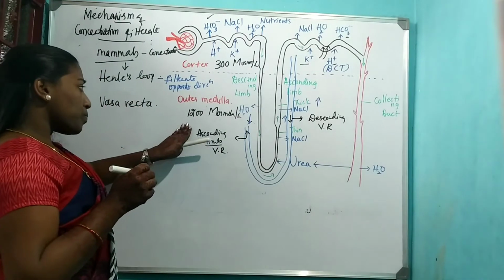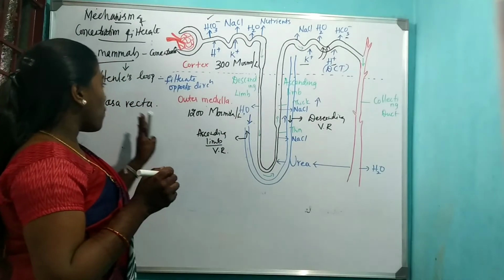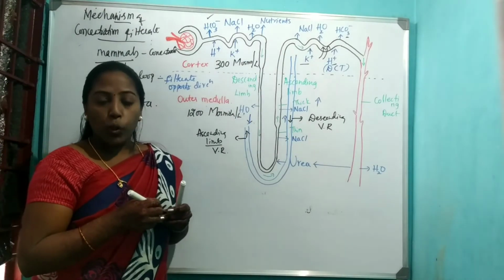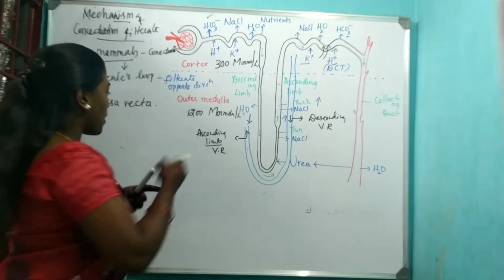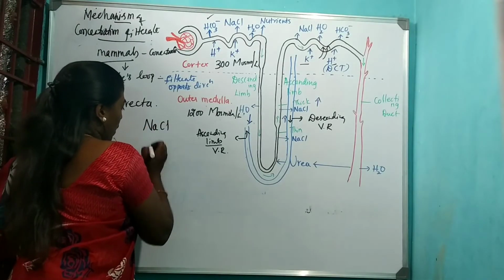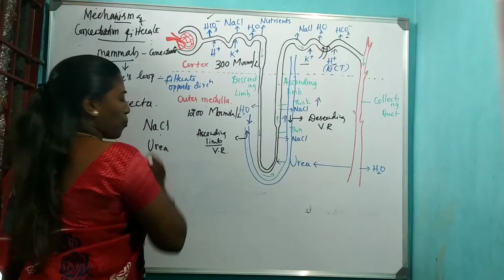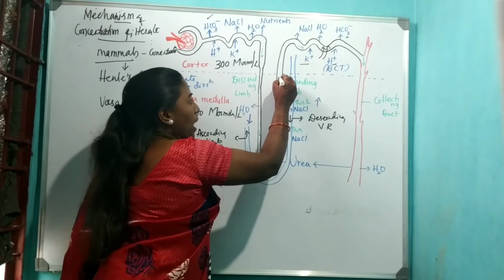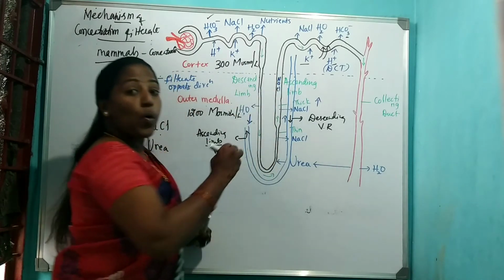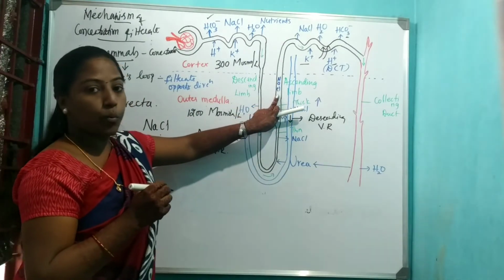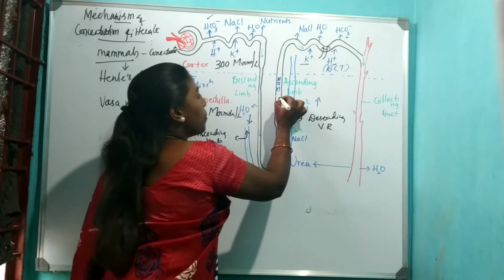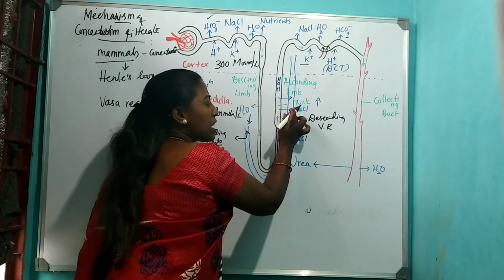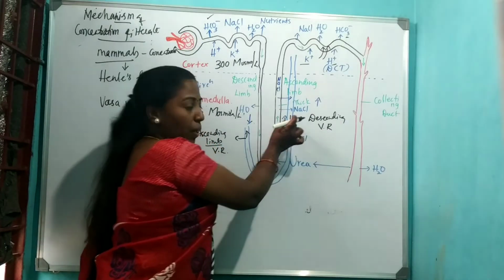This is not only with the help of Henle's loop and vasa recta; sodium chloride and urea also play a very important role. What is the role here? The sodium chloride, NaCl, found in the ascending limb of Henle's loop is exchanged and enters the descending limb of the vasa recta.